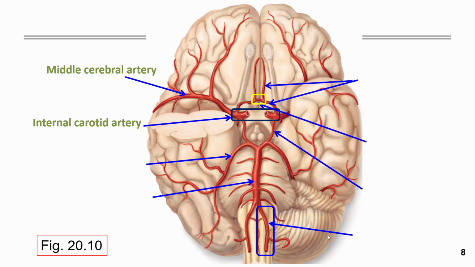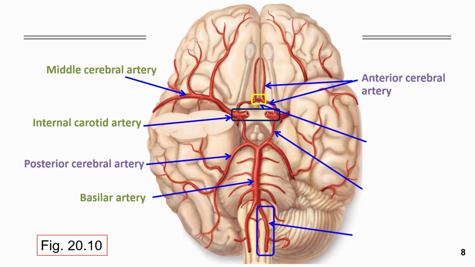And so the middle cerebral artery is a relatively large artery that possesses many branches that starts to distribute that oxygenated blood to the brain, to the anterior side, as we can see, of the brain. The posterior cerebral artery, as the name indicates, will continue to branch in a posterior direction and will supply the posterior regions of the cerebrum.